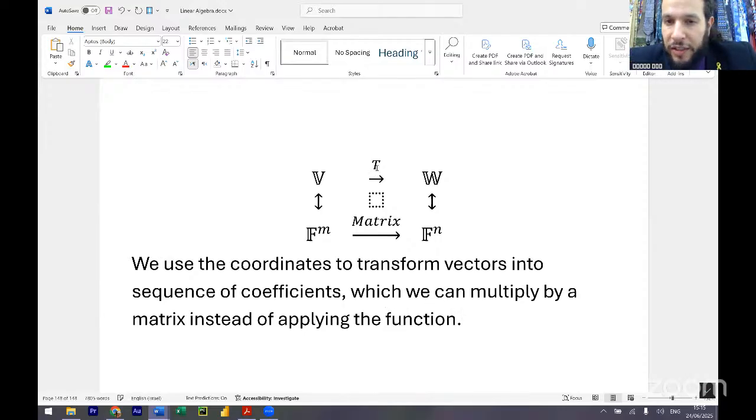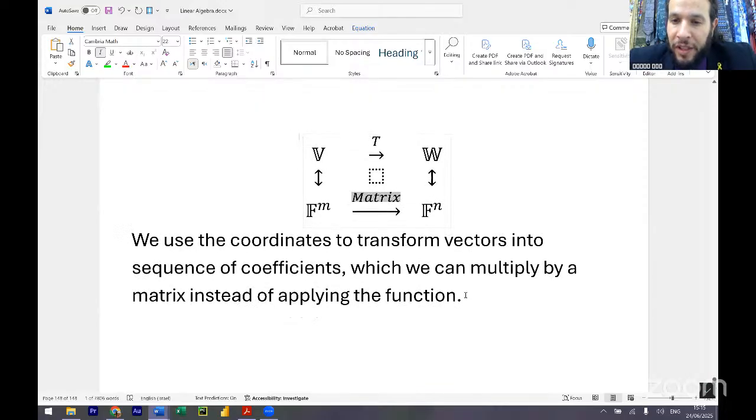So we wanted to apply the function T. Instead, we multiply by some matrix that does exactly what T does, just translated to the coordinates.